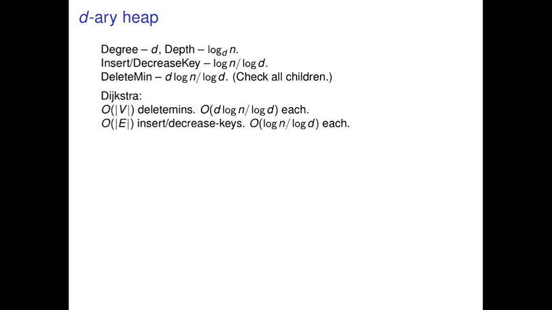But on the other hand, for going up, it only helps to have larger degree. So if you have a lot more edges than you have vertices, then you want to have a high degree heap, because you're going to do a lot more edge operations than vertex operations. Okay, so there's a trade-off.